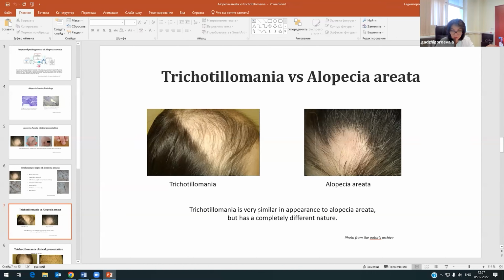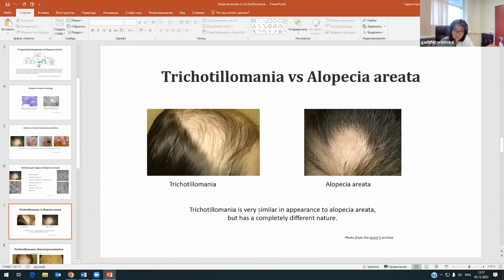Trichotillomania, also called hair pulling disorder, is classified among obsessive compulsive disorders in the 5th edition of the Diagnostic and Statistical Manual of Mental Disorders. The scalp is the most frequently affected place. However, the eyebrows, eyelashes, and pubic hair may also be involved.